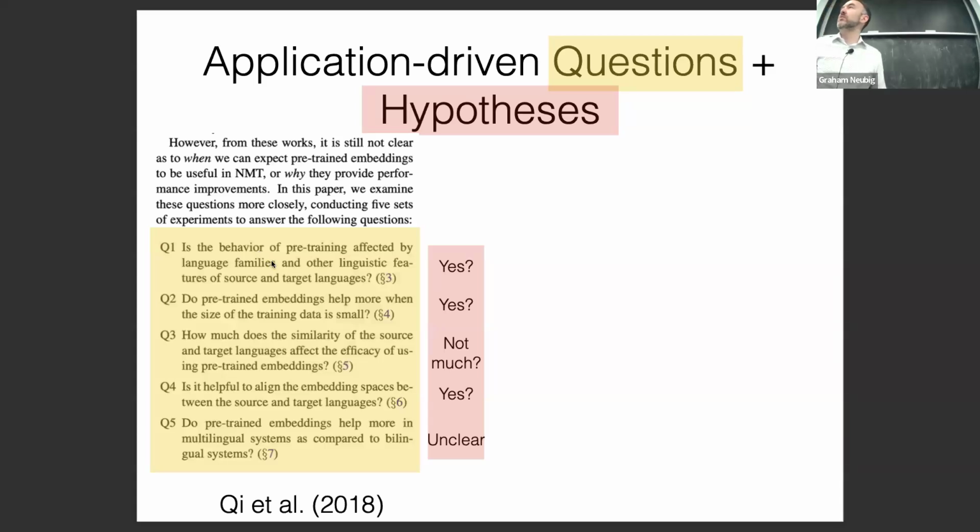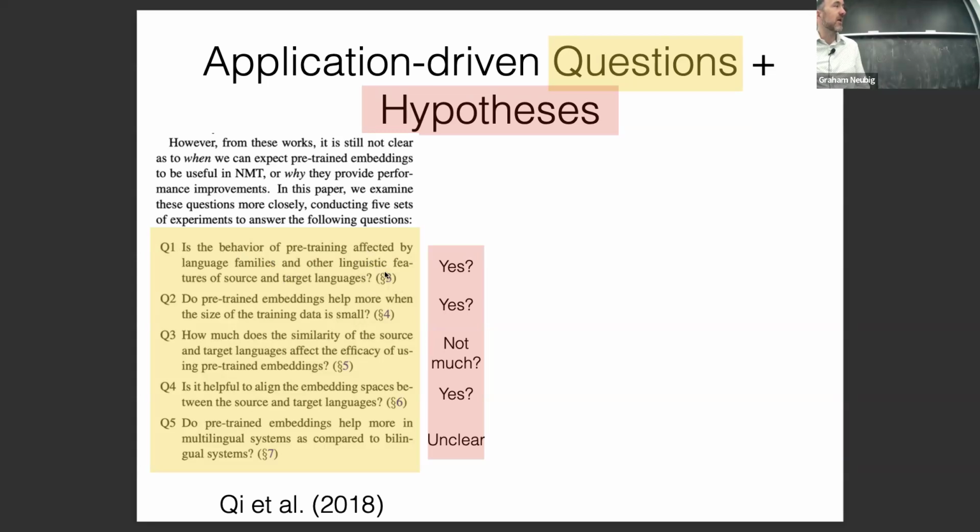And this was back when pre-training was mostly word embeddings. We weren't pre-training the whole body of the neural net. So now the answers to this question are a little bit different. But basically, the question that we asked is, is the behavior of pre-training affected by language families and other linguistic features of source and target languages?